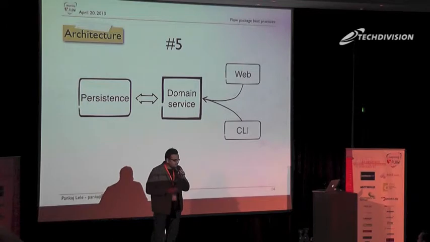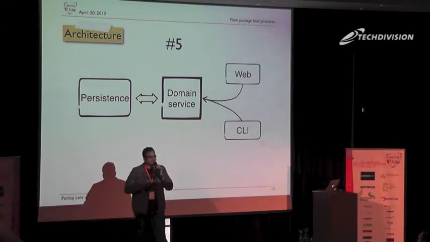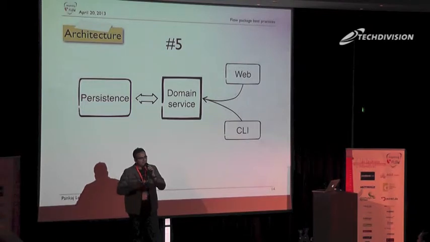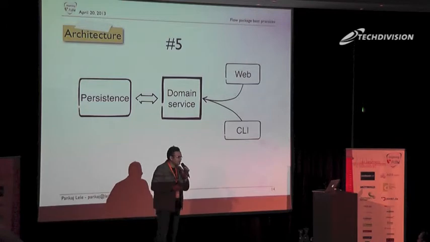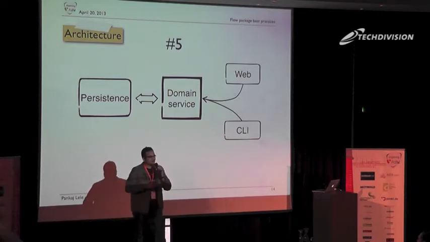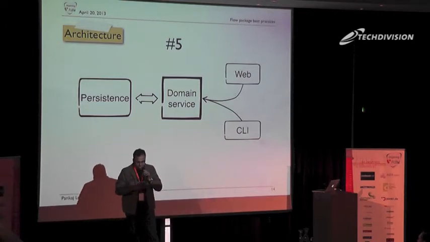So you have all your business logic in the class for each domain model, and then you can have a web controller, and you can have a CLI controller, or maybe even a REST controller later on, and they share the same business logic.